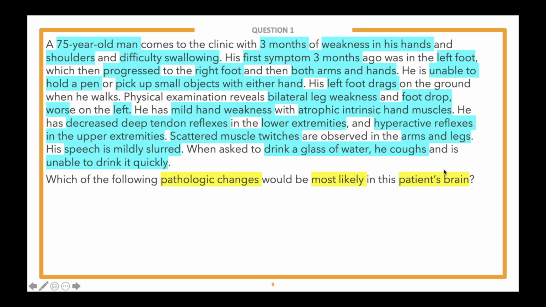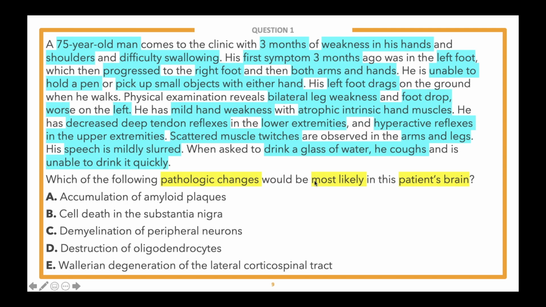So I think a two-step question. Based on how the answer choices are worded, there could be a third step to it, but I think one, we need to figure out the diagnosis, two, what is the pathology behind that diagnosis? So let's go ahead and take a look at those answer choices.